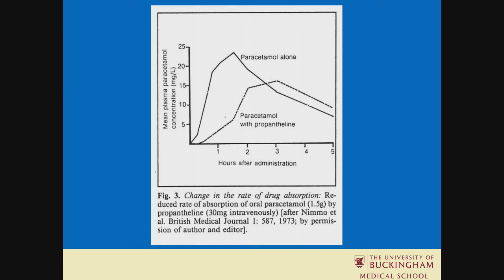Now, if you remember, drugs are absorbed from the small intestine. They're not, by and large, absorbed through the stomach lining. The environment is so acid and the drugs will be so charged that they can't cross membranes, but as soon as they get out into the small intestine, they can be absorbed. And this drug slows that transit time, so it delays the drug reaching the small intestine, so it delays the absorption. That delay in absorption results in a lower dose achieved. So you can see now paracetamol isn't going to be as effective as it was on its own.